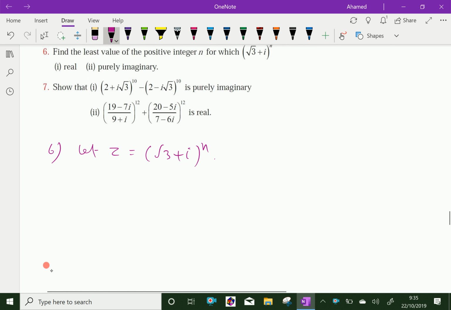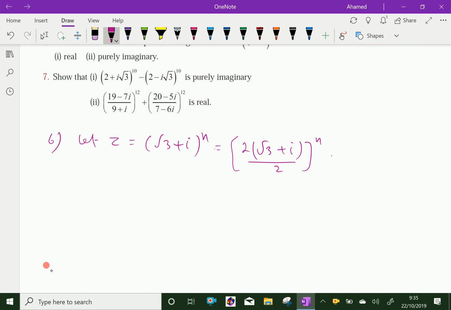Now further we can express it by multiplying and dividing by 2, and take out 2^n common, so we get 2^n (√3/2 + i·1/2)^n.